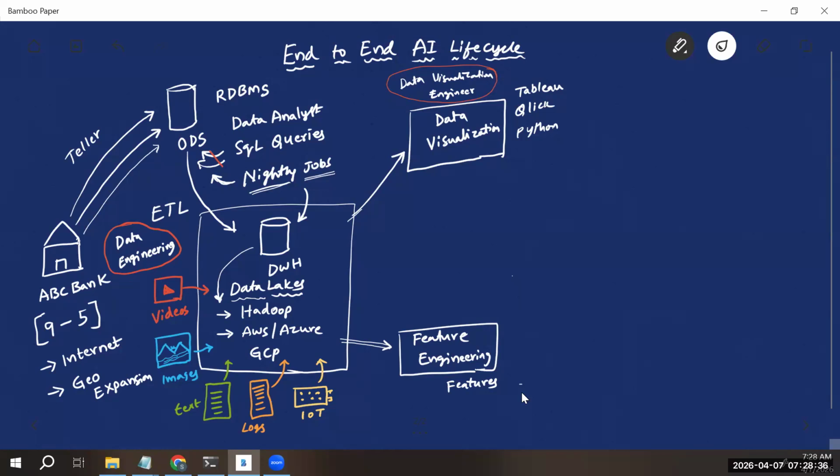Imagine in the morning you purchase coffee, then breakfast, you fill fuel in your bike, in the afternoon lunch, in the evening a movie. When we are analyzing the data, we don't need all those individual transactions.